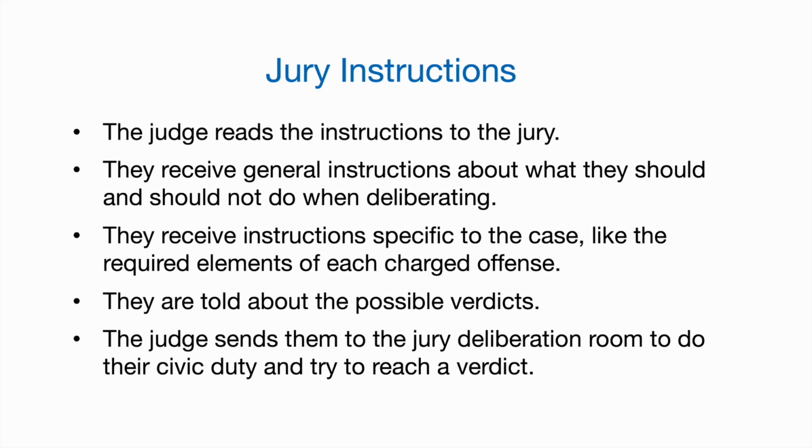And then they will receive instructions specific to that case, to that trial. Examples are the required elements for each charged offense. They're also instructed about the possible verdicts, and the judge will then send them to the jury deliberation room to do their civic duty and to try to reach a verdict.